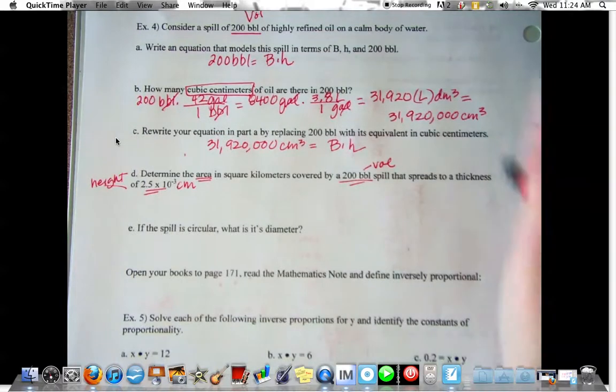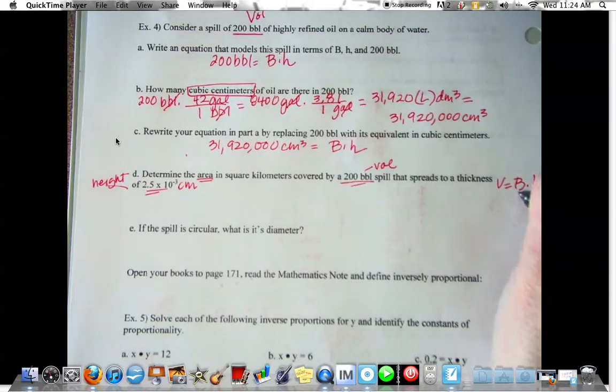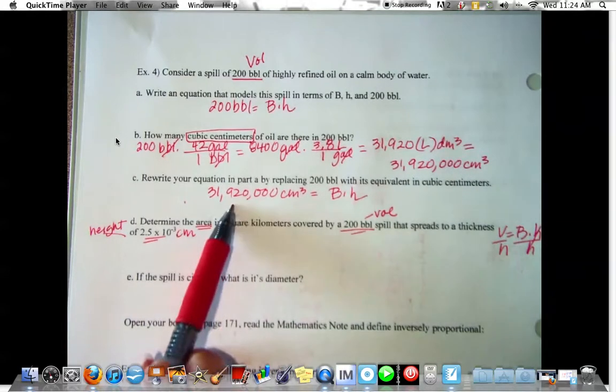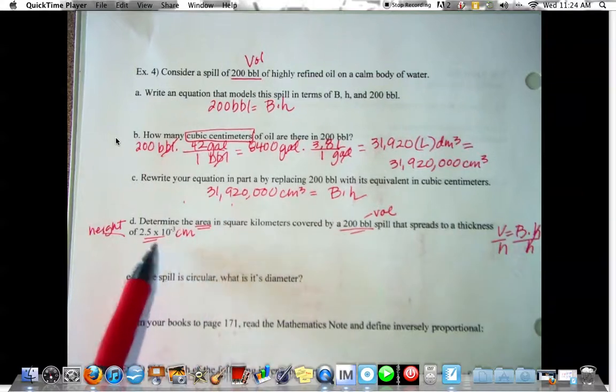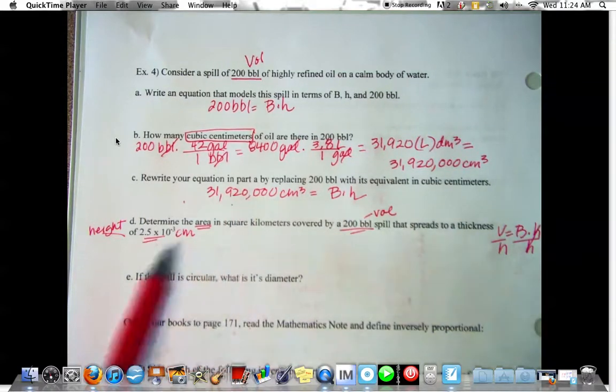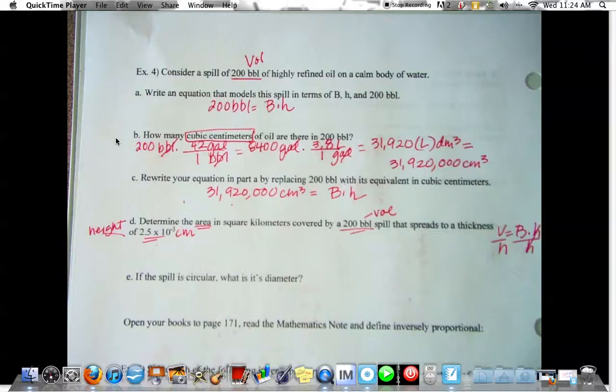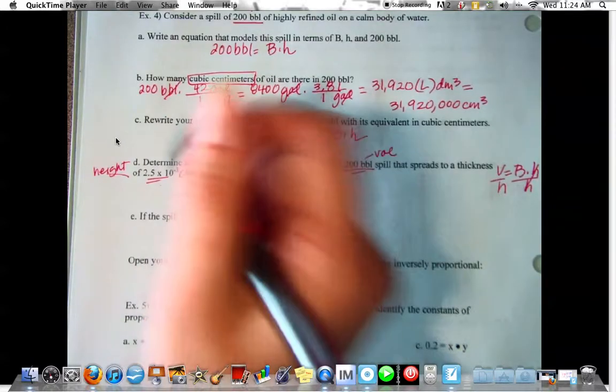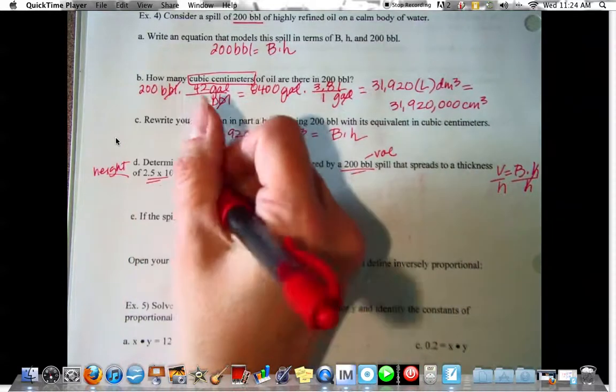We've already determined that in order to get the area of the base by itself, we divide both sides by the height. So we take the volume divided by the height. We have volume here in cubic centimeters, and height here in centimeters. So we can divide this by this, and that will give us the area of our base.